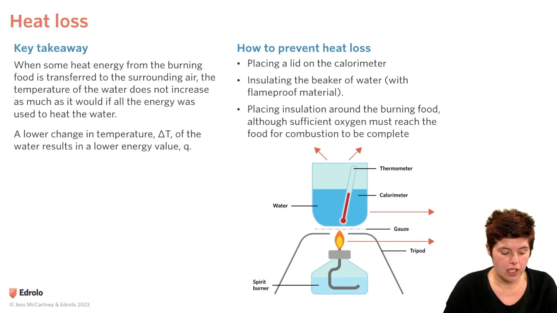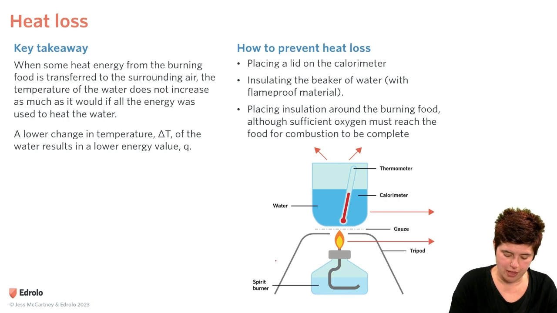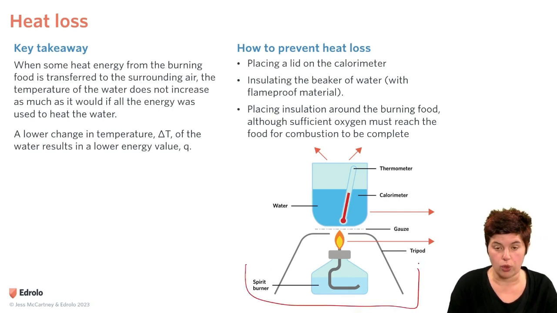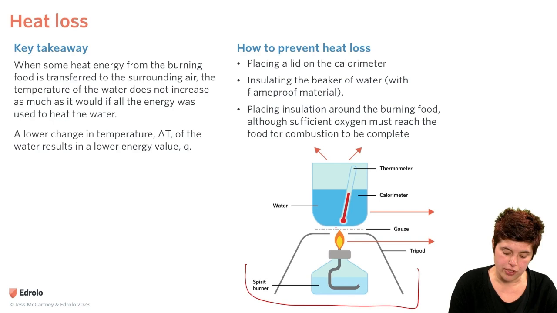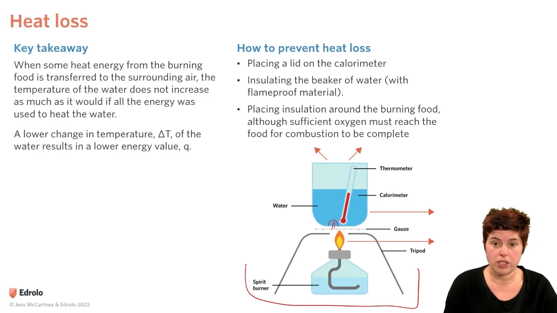So when heat energy from the burning of food or fuel, so that's happening down here in the spirit burner or the apparatus that you would hold the food, the substance is lit on fire. Now, not all of this energy here is going into the water, all right? Lots of it is, because the fire is heating that water.